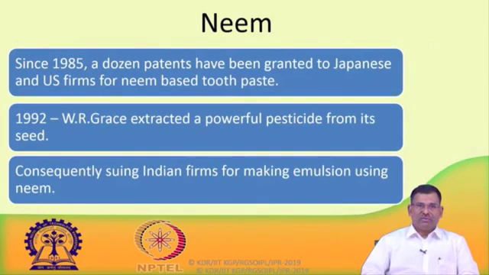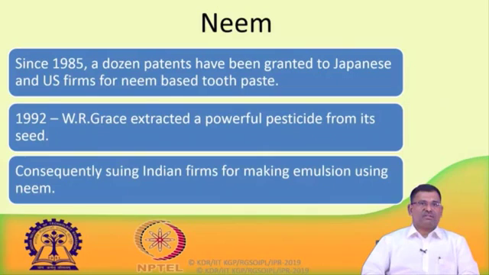In 1992, W.R. Grace came out with a pesticide emulsion based on neem products. Once they patented this product, they started suing the Indian firms who were making this emulsion using neem seeds.